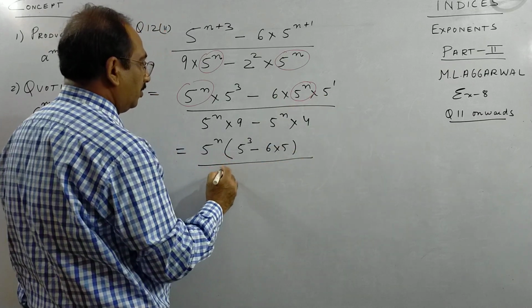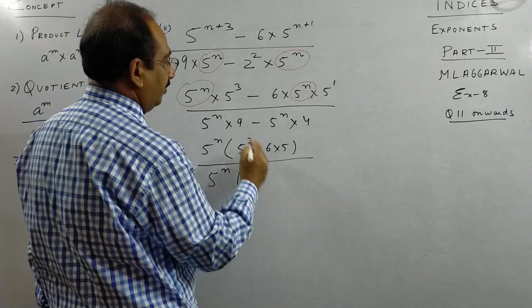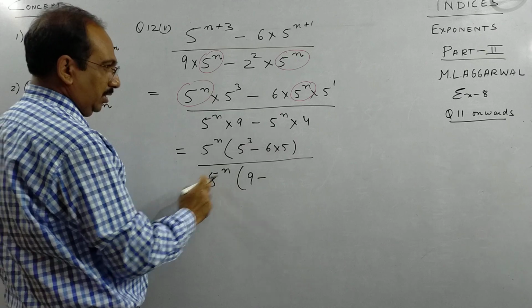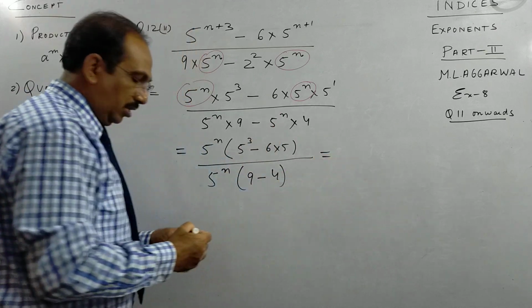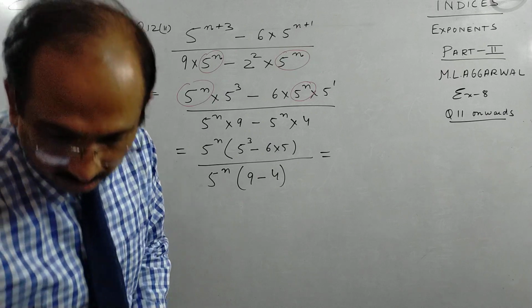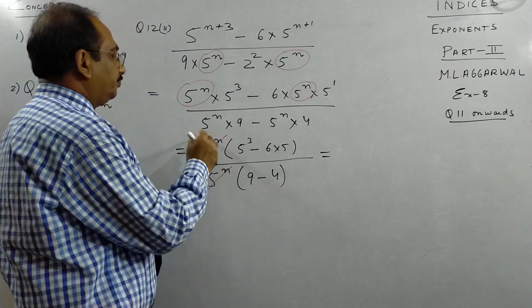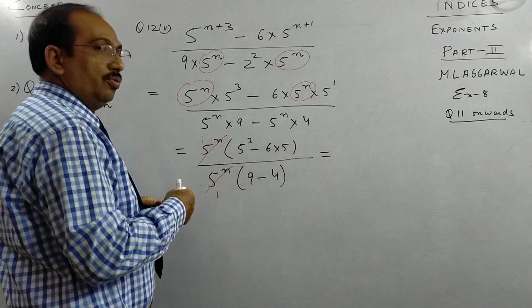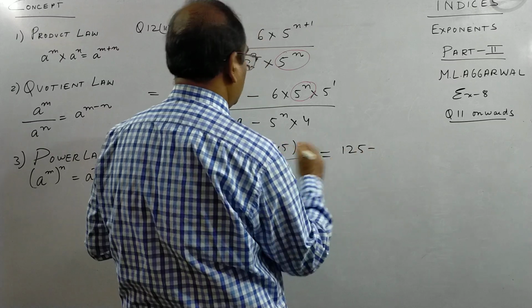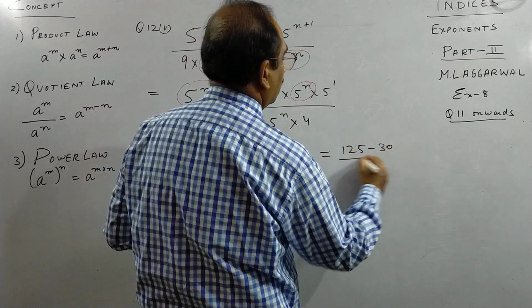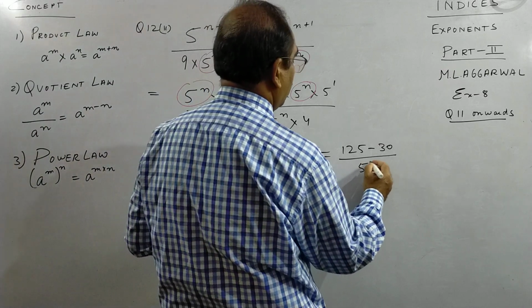If I take out 5 to the power n, I am left with 9 here, and this comes out 4. So we can cancel 5 to the power n. What we are left with, children, is 125 minus 30 by 9 minus 4, which is 5.